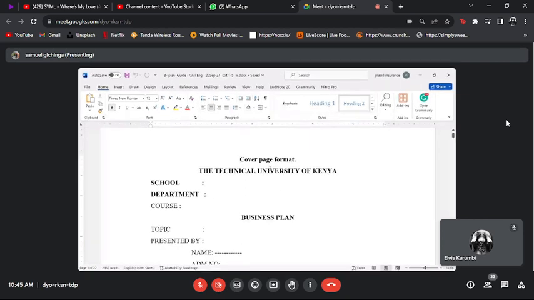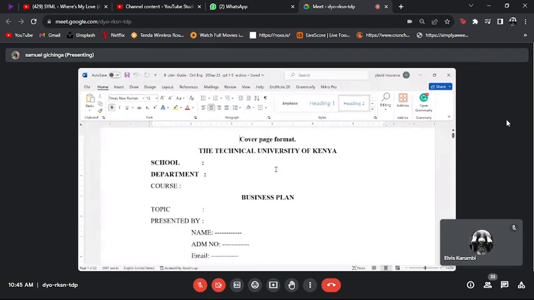Let's go through it quickly. When you are doing a business plan, you would expect it to have a cover page: Technical University of Kenya, the school that you belong to, the department. I understand there are some faculties that don't have a department, they have a school only. That's okay, just write the school, you know the department.